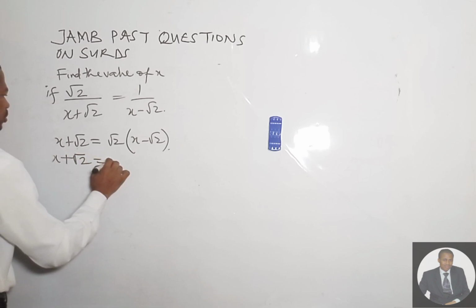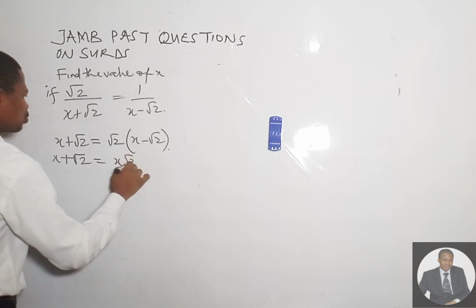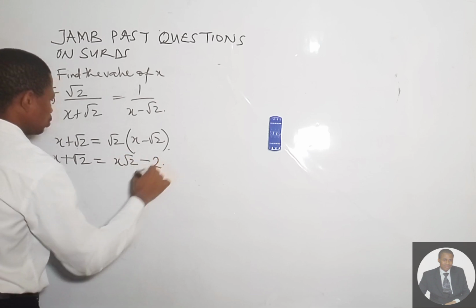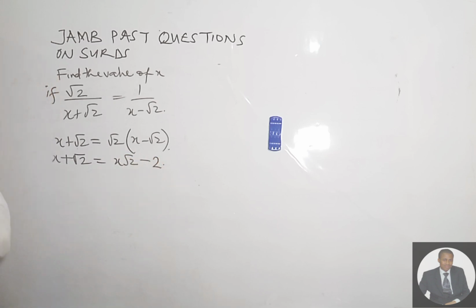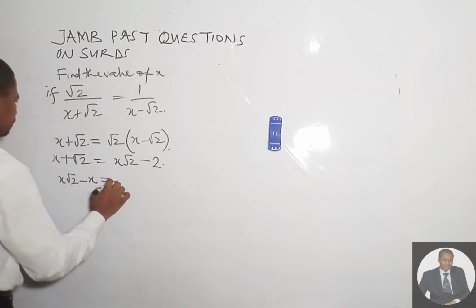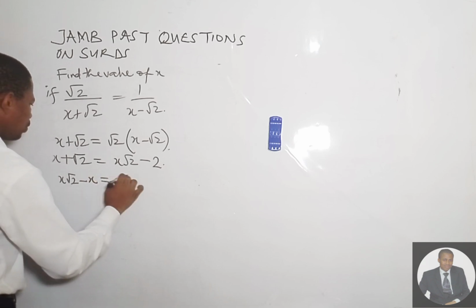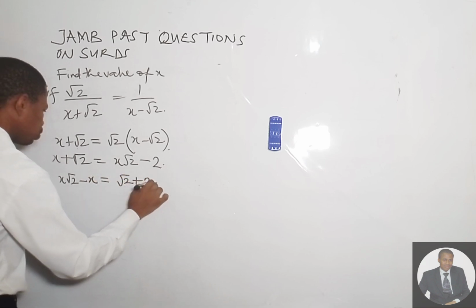the bracket, open up the bracket. We have x root 2 minus 2. So let's collect the like terms that we have. So we have x root 2 minus x, which gives us root 2 plus 2.